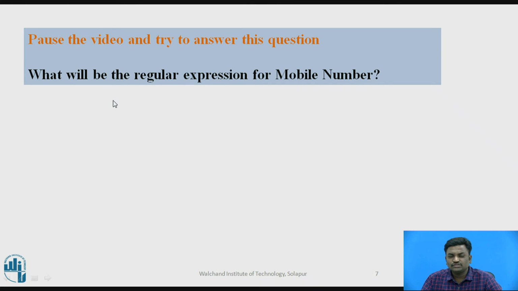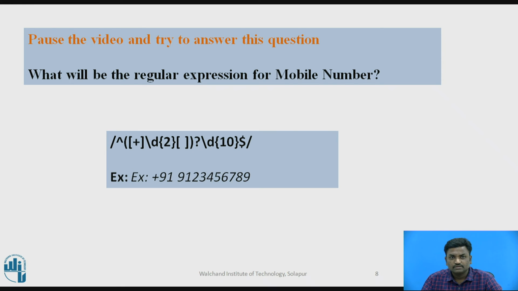So based on this, you can recall what the regular expression for a mobile number will be. You can pause over here and check the answer for it. You can think about how a mobile number regular expression would look. A valid mobile number will be something like this. Here I have considered the plus and 2 digits as well, plus 91.